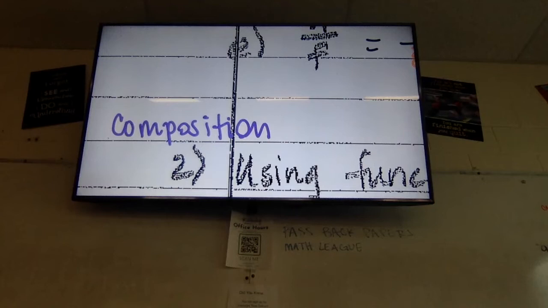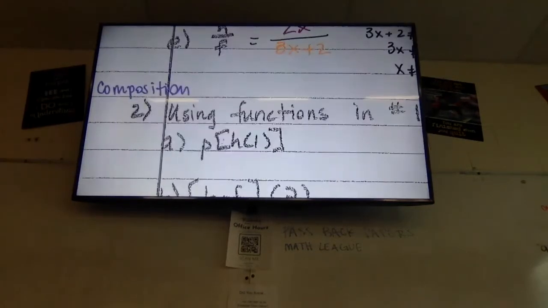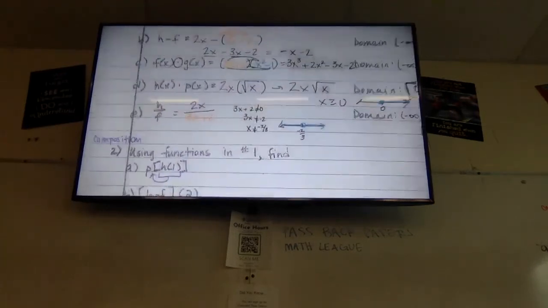Composition means that we're putting one function into another function, okay? So I've got this notation, P of H of 1. We're gonna take H and put it inside P at its X. So we start with our H function.